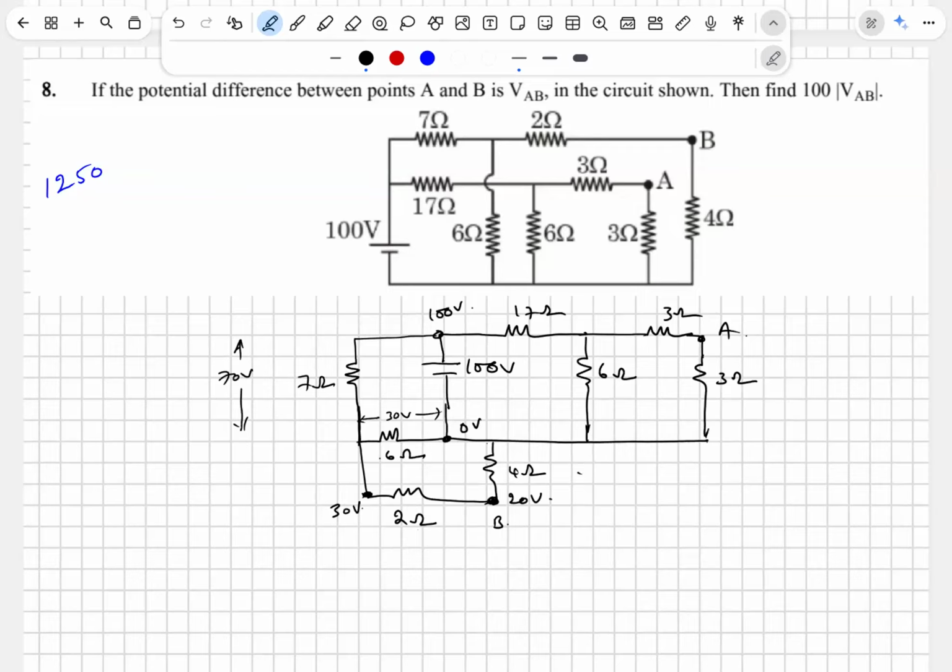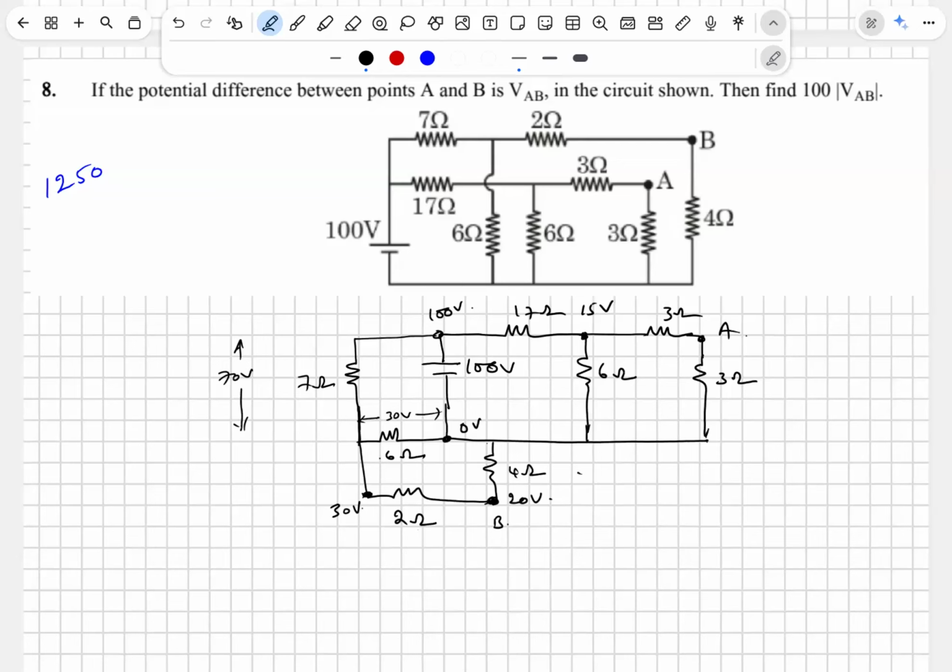Forget about all this. Now you go up. 17 ohms, 3, 3, 6, 6, 3, and that is a 20. 7, 3. Quick calculations. 17 and 3. 85. So this is 15 volt.